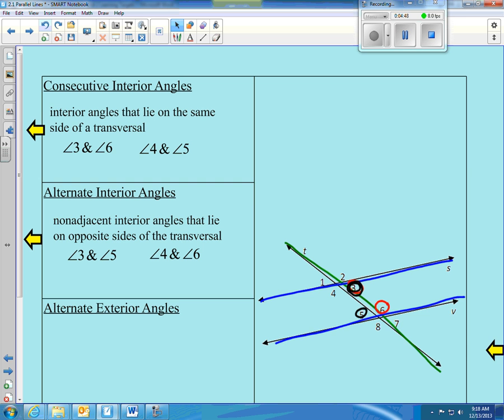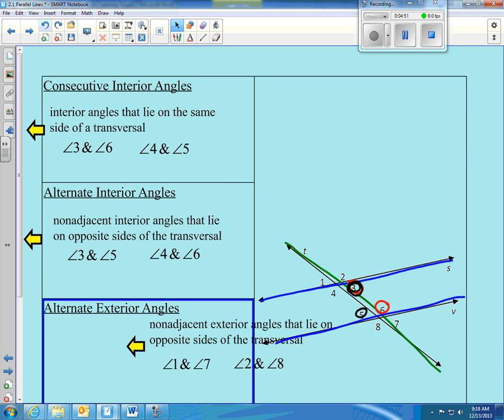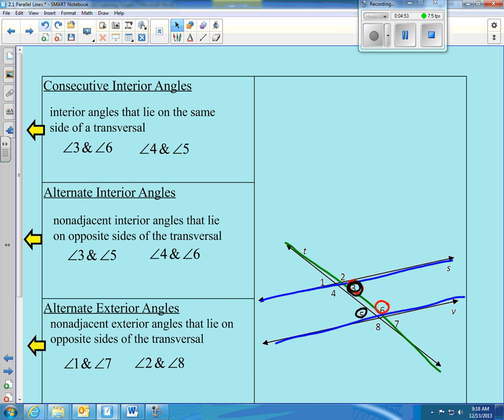Then we have alternate exterior angles, which are non-adjacent exterior angles that lie on opposite sides of the transversal. So these are two that lie outside of the blue lines and they lie on different sides of the green line. So 1 and 7 are good examples of those.